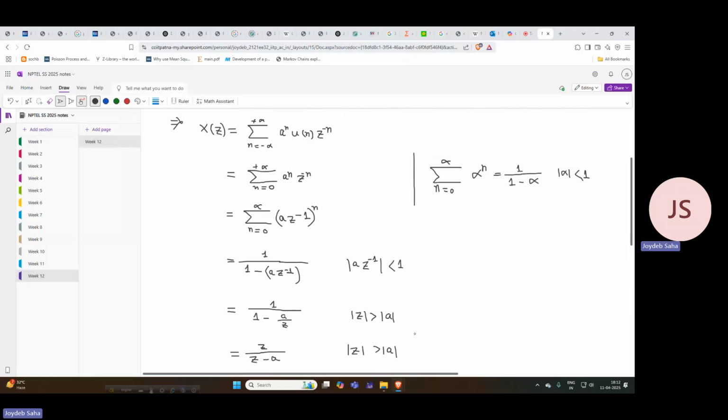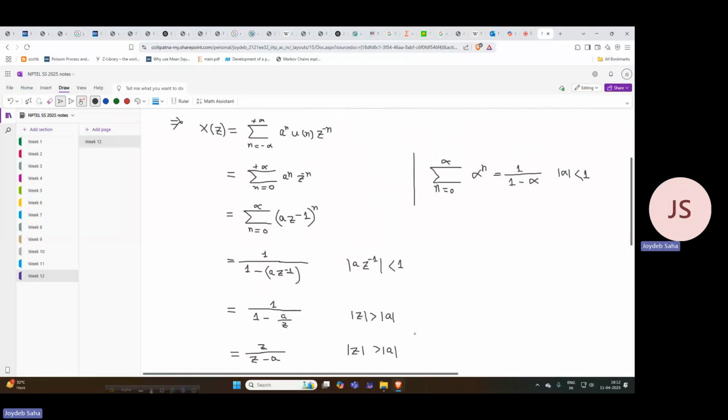Then we will proceed for the next problem. The next problem is very interesting. Please take 1 more minute.